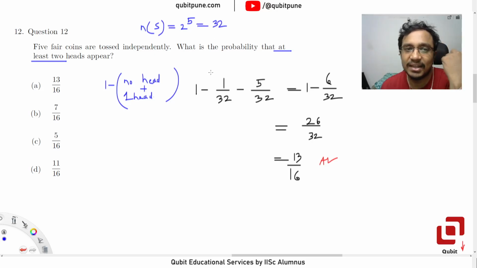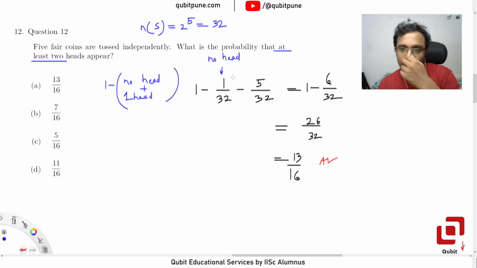One possibility is there where you will get all tails, so that is 1. And when you have 1 head and 4 tails, that 1 head can come first, second, third, fourth, or fifth. So this is the probability that you will get exactly 1 head. Just subtract and get the answer. That answer is 13/60.